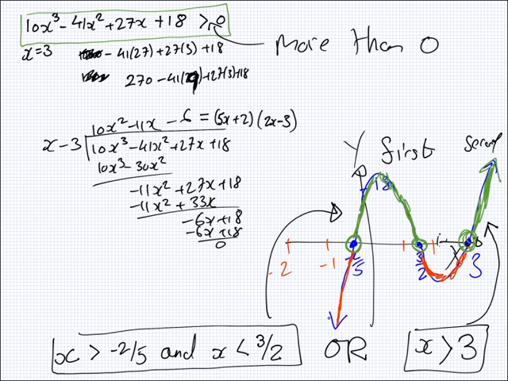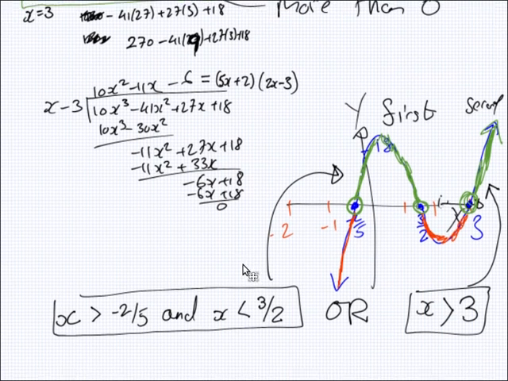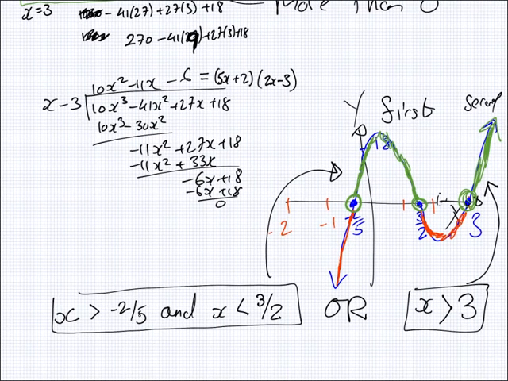For those people who want to write this in set notation, which we'll actually do later this morning, so don't worry if you haven't seen it just yet, this can be written in this form: minus 2 over 5, comma, 3 over 2. X belongs to this. Anyone remember the symbol for or from high school?